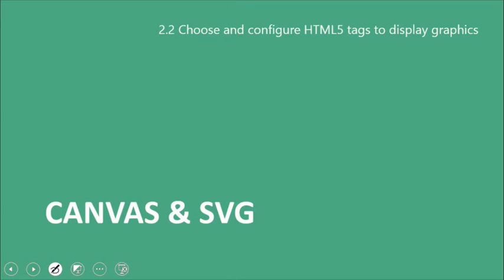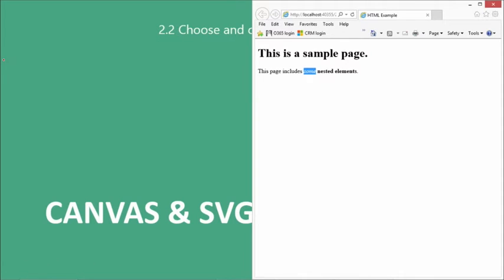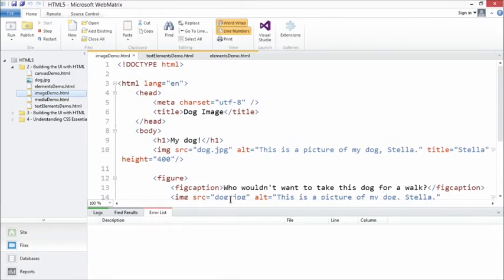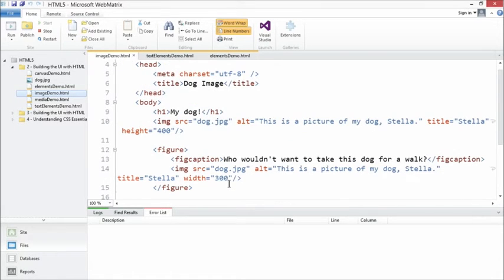So let's actually go ahead and take a quick look at some code here. So I've got a quick image demo for us. If you take a look here, I've got my image tag pointing to a dog.jpg file, right? It's a picture of my dog Stella, once again. And then below, I've got it using the figure element, right? So that same image is nested inside.